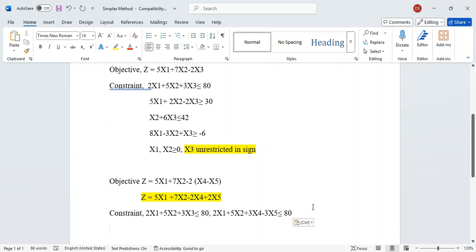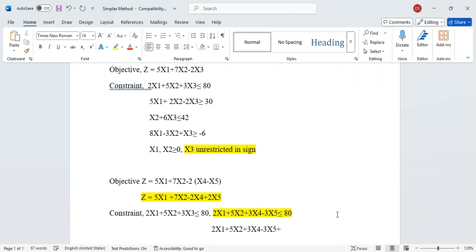If this is the case, then the next step is to make it balanced, because in the simplex method, first you prepare the constraints in the proper way, and second you make them balanced, because if you don't balance them, you cannot do the simplex method. How can you balance that? 2x1 plus 5x2 plus 3x4 minus 3x5: the left hand side is less, because the right hand side is greater.